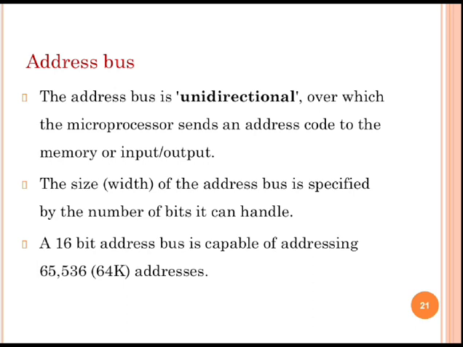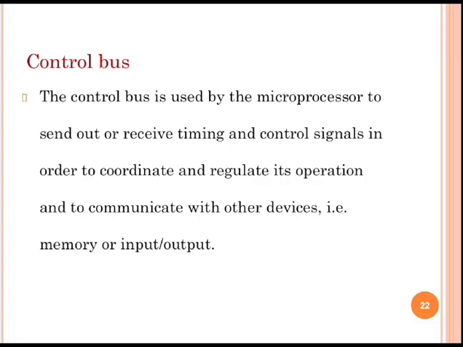The size of the address bus is specified by the number of bits it handles. A 16-bit address bus is capable of addressing 64K addresses. Next one is the control bus. The control bus is used by the microprocessor to send out or receive timing and control signals in order to coordinate and regulate its operation and to communicate with other devices, for example memory or input-output devices.